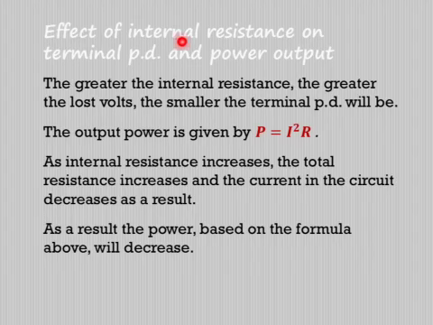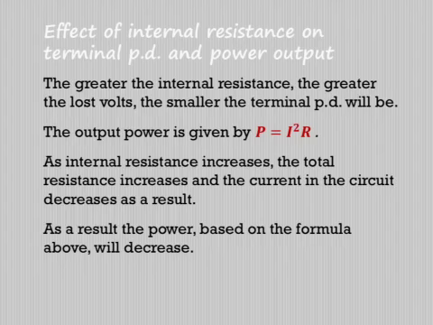Effect of internal resistance on terminal voltage, or terminal PD, and power output. The greater the internal resistance, the greater the lost volts, as we have already seen, and the smaller the terminal voltage will be.